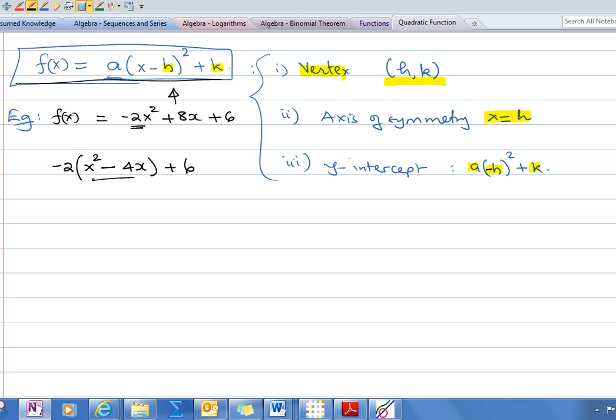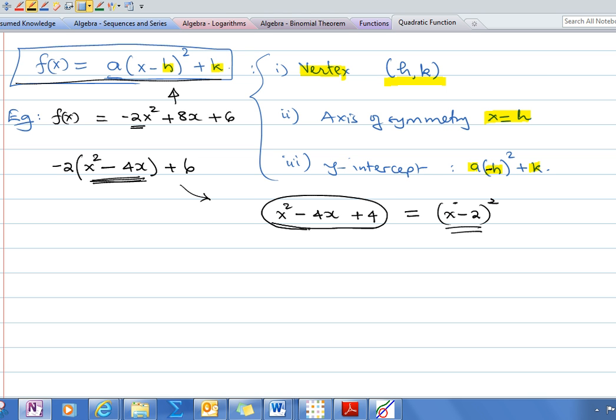Now I want to complete the square in that part, and I do know that x squared minus 4x comes from part of an expression which looks like x squared minus 4x plus 4, which is actually (x minus 2) all squared. So if I replace x squared minus 4x by (x minus 2) squared, then I have actually replaced it with x squared minus 4x plus 4.